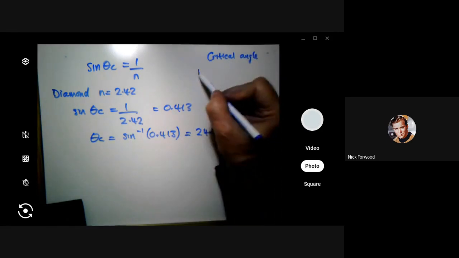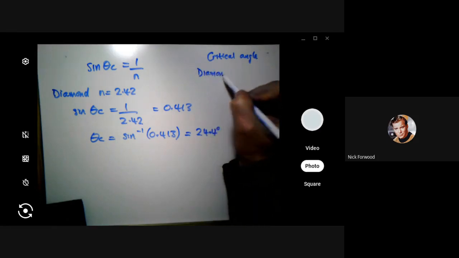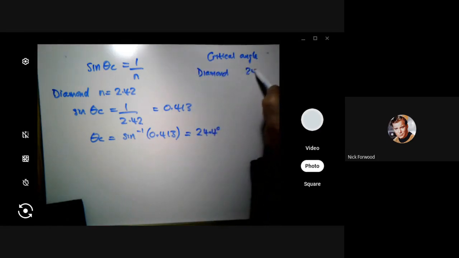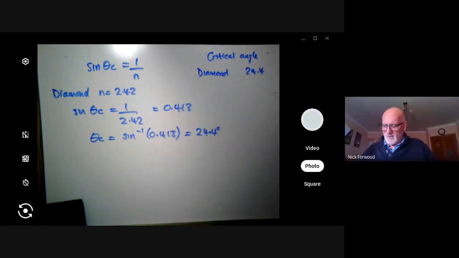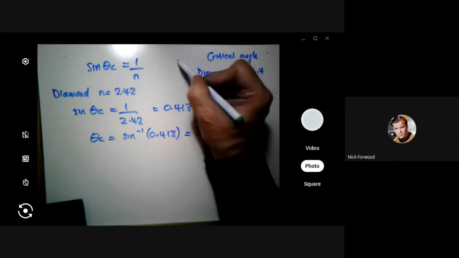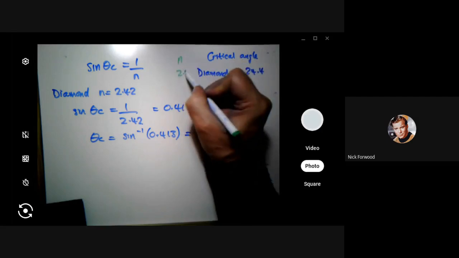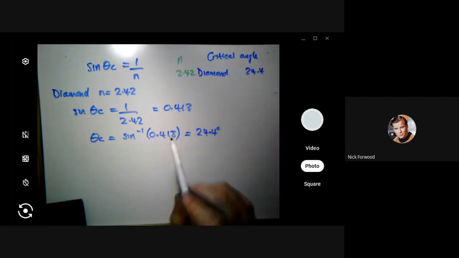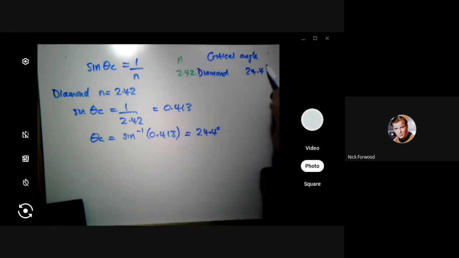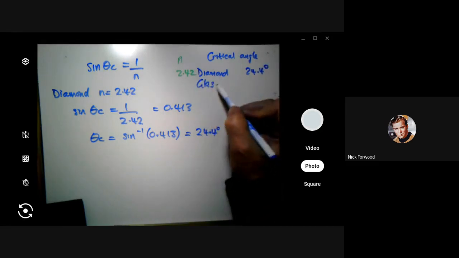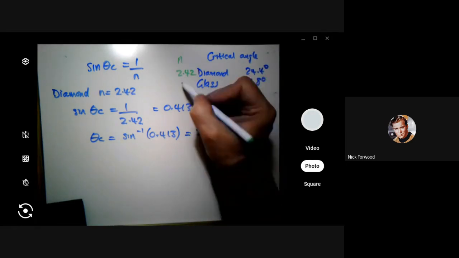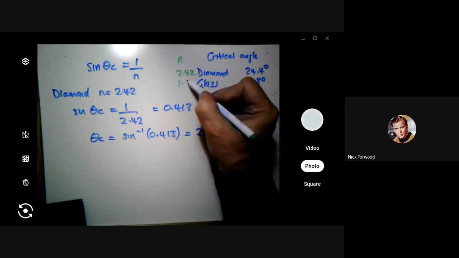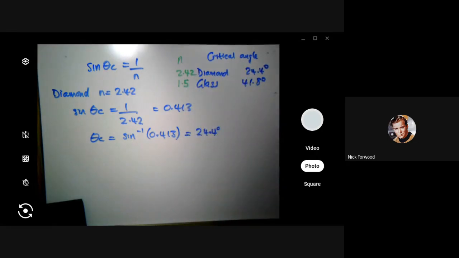So I've got diamond, 24.4 degrees, remembering that the refractive index is 2.42. I've got glass, 41.8 degrees, because we did that before, and the refractive index for glass was 1.5.